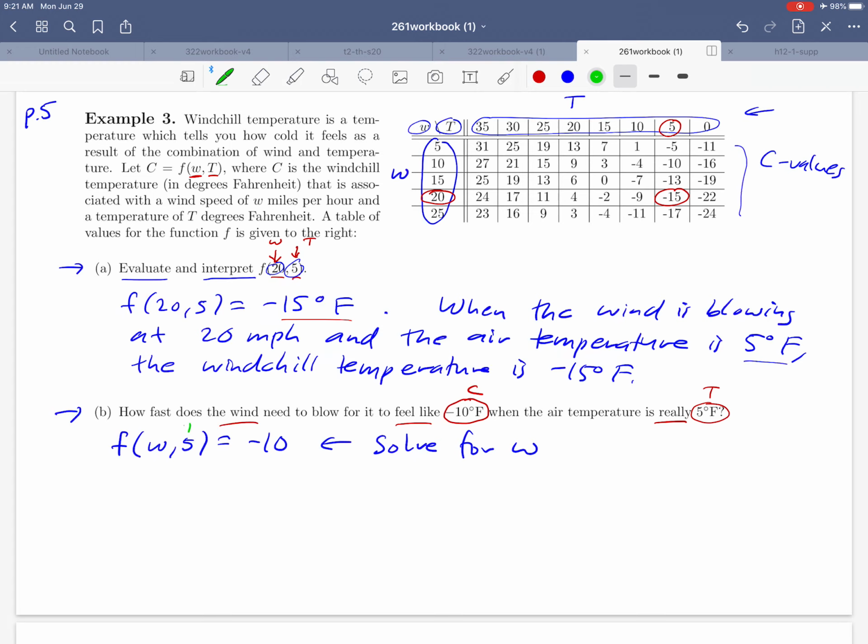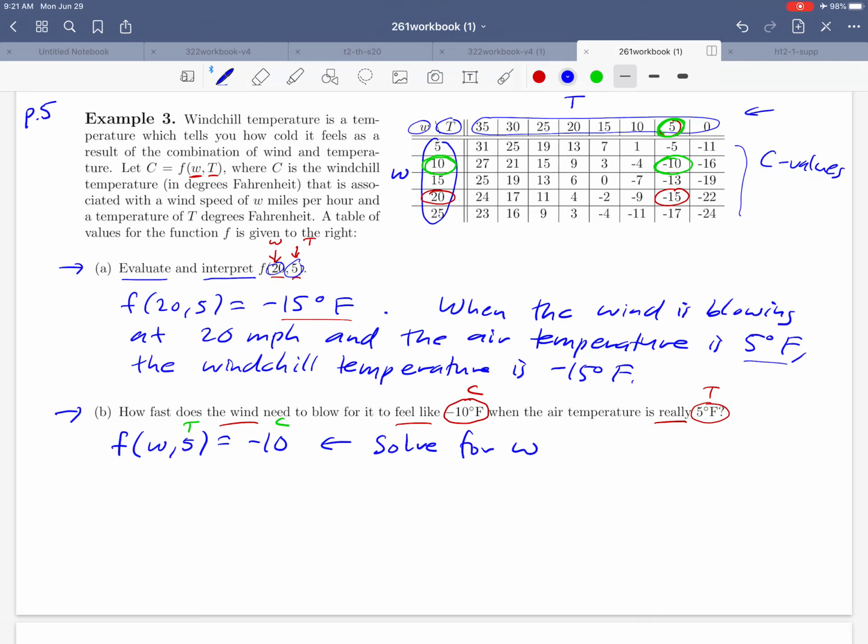So let's see, this 5 is a value of t. Let's start there. We've been in that column of our table before. And in that column of the table, we're looking for a wind chill temperature of negative 10. So we'll look down our column and notice right there is a negative 10. And so what we're interested in is the W value that goes with that. That would be this number right here, 10.